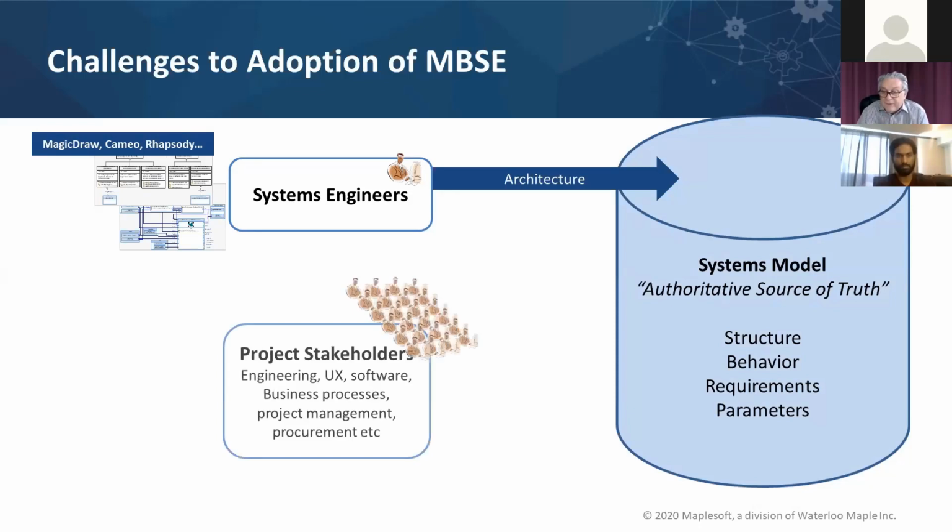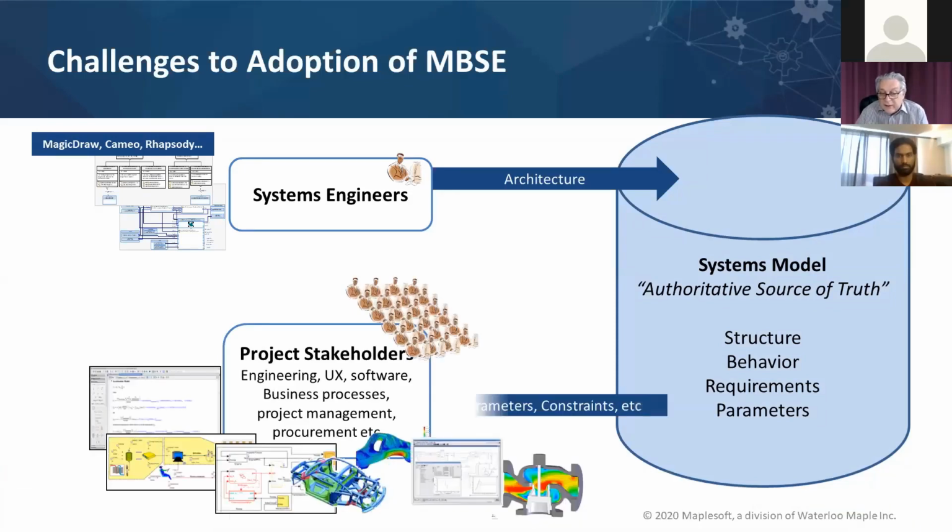Then we have all the various other stakeholders, everybody involved in the project who needs to access information and do something with it that helps them make decisions at each stage of the process.